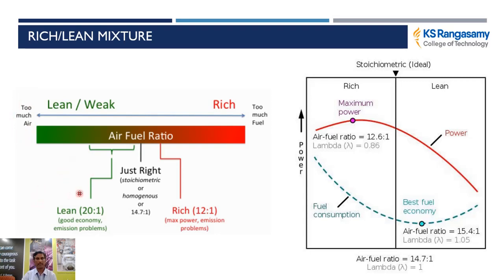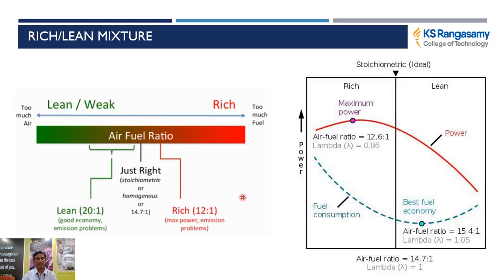In the diagram, 20 to 1 is a lean mixture because it is greater than 14.7 to 1, so there is too much air. Another example is 12 to 1. It is less than the stoichiometric ratio, so there is too much fuel. Based on the running requirement of the IC engine, we can go for a stoichiometric ratio, a rich ratio or a lean ratio.